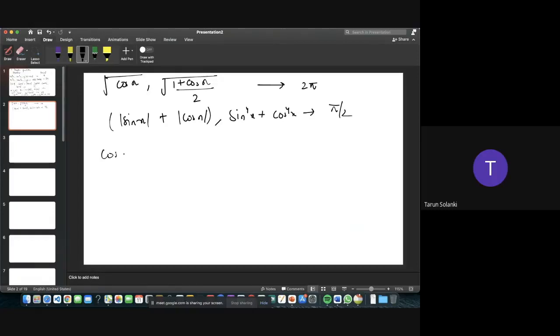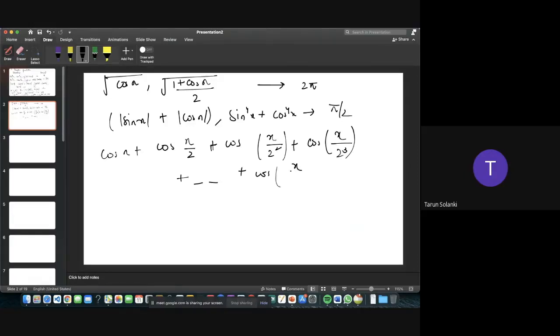And we have cos x plus cos of x by 2 plus cos of x by 2 squared plus cos of x by 2 cubed, plus like up to cos of x upon 2 to the power n minus 1 plus cos of x upon 2 to the power n.